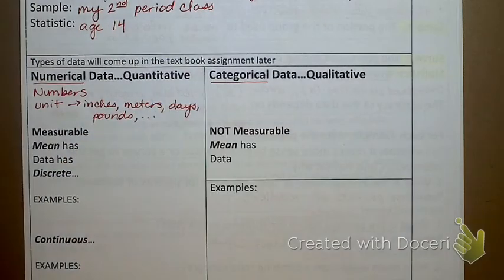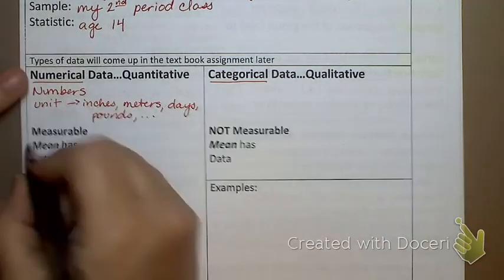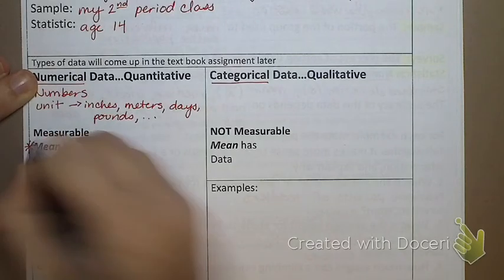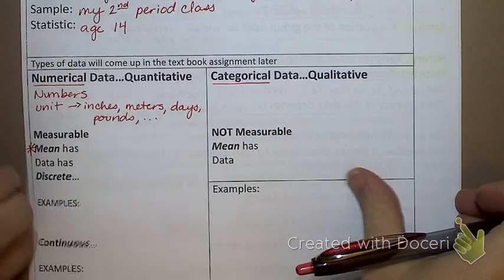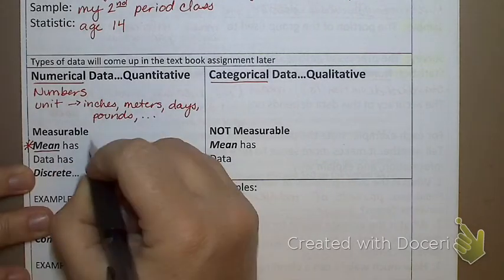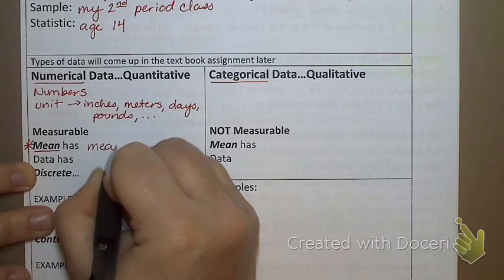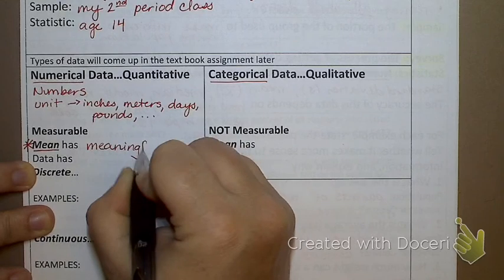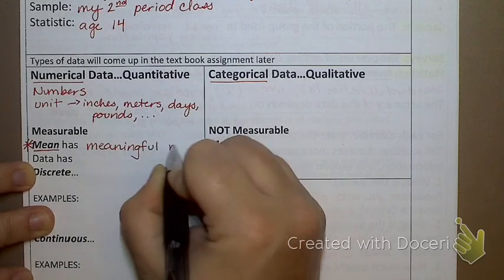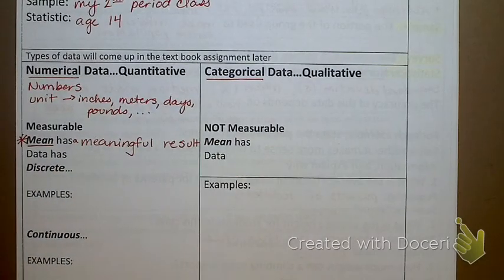It is measurable. It can be easily measured. I'm going to put a star next to this one because this is the number one way I decide whether something is numerical or categorical: if it is numerical, the mean, also known as the average, has a meaningful result.